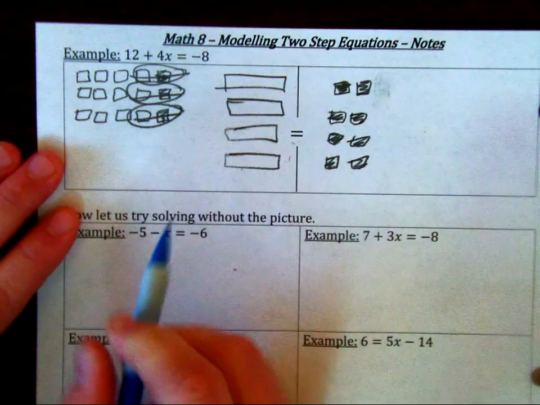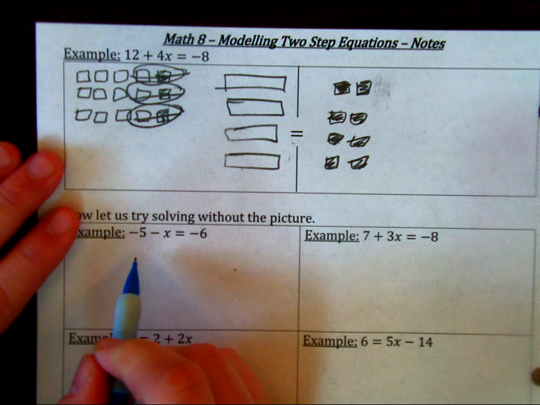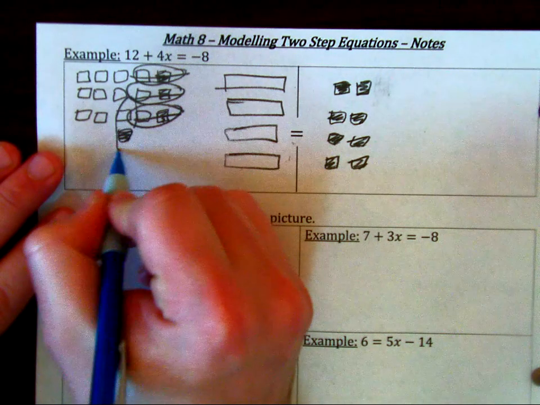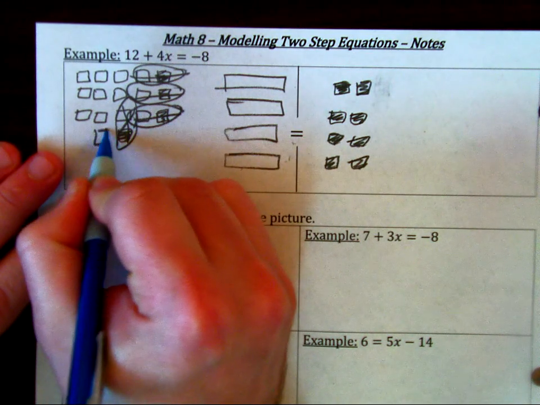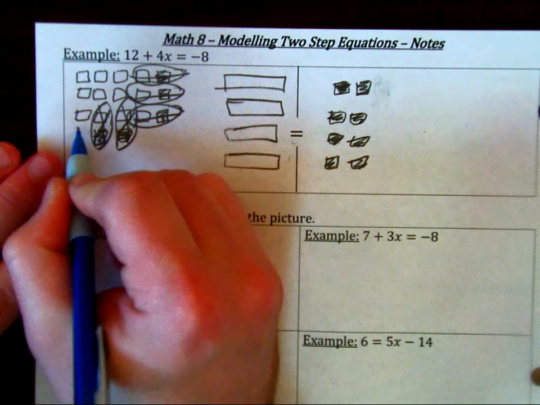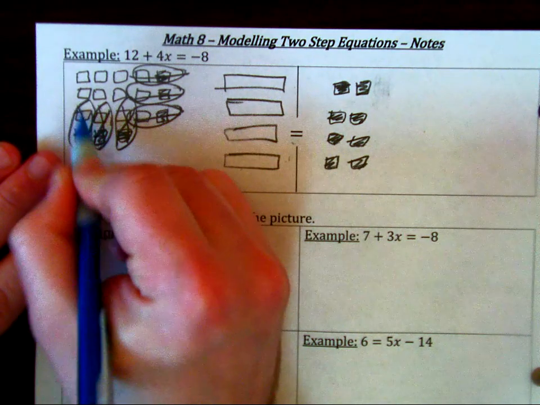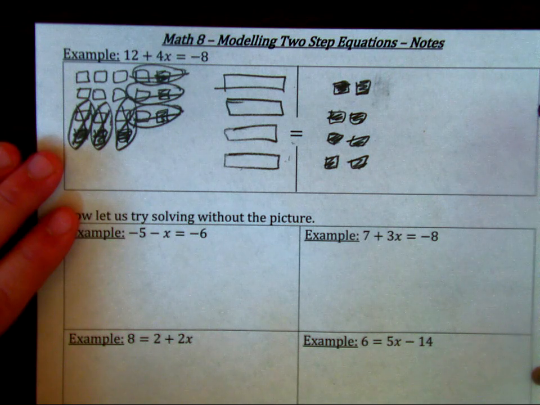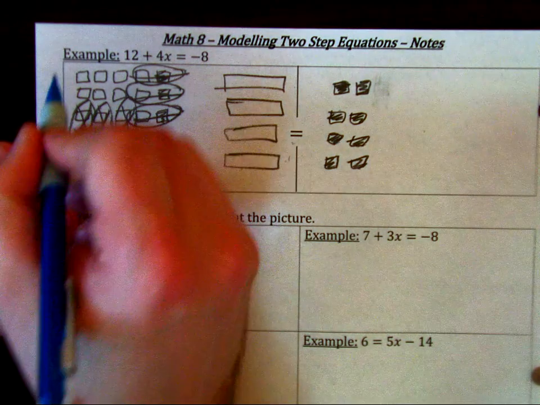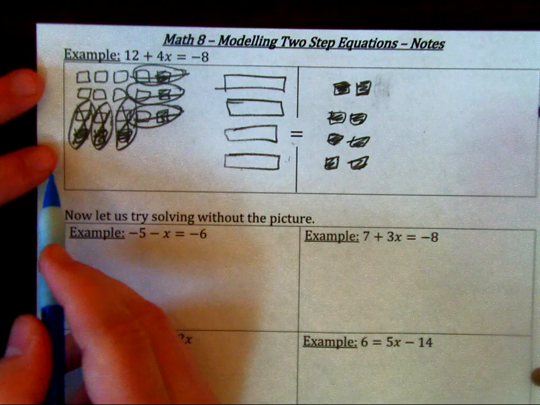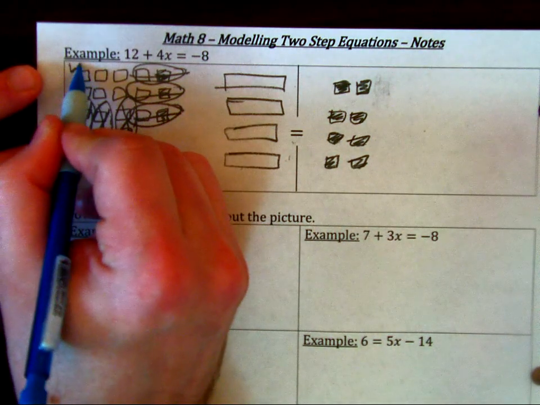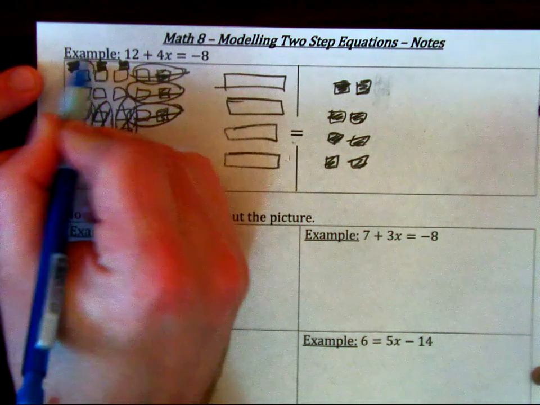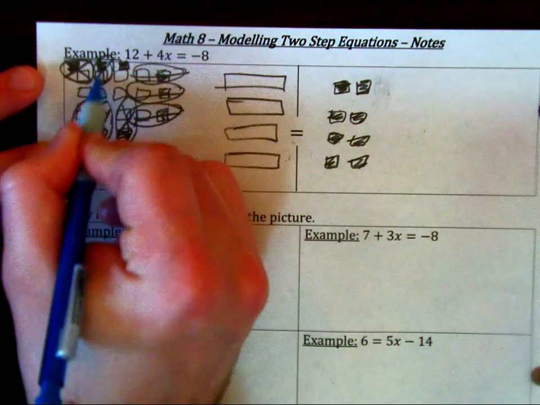One positive, 1 negative, cancel out. 1 positive, 1 negative, cancels out. If it starts to get a little crowded, that's okay. Again, all I'm doing is adding 12 negatives to both sides. So I have 0 pairs, 0 pairs.